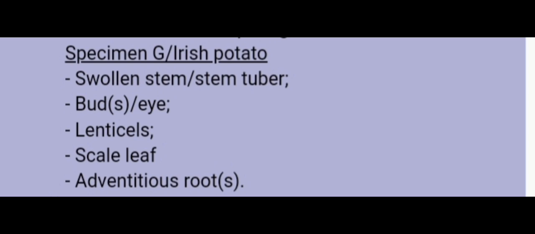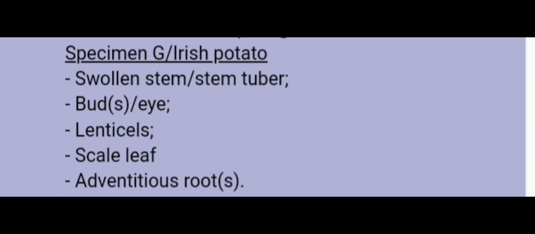It has a swollen tuber, and that's of economic importance. That's what you eat. And then it has buds. Buds are present. It has lenticels. It has scale leaf and adventitious roots. Okay, and Irish potato is classified under stem tuber.